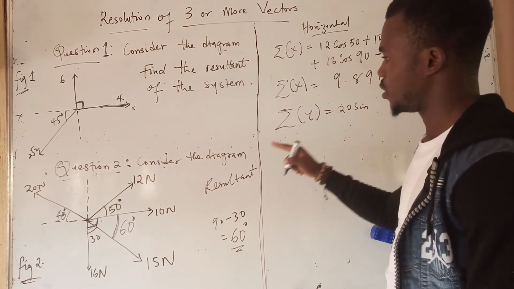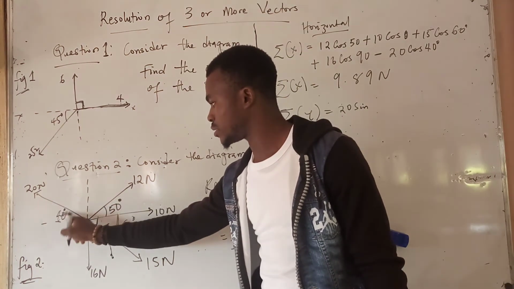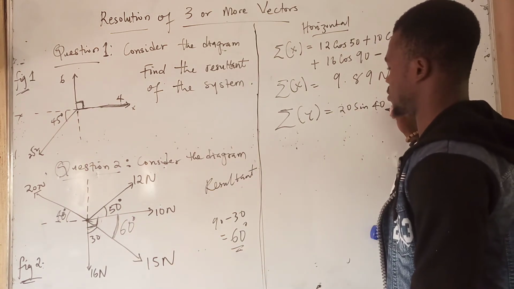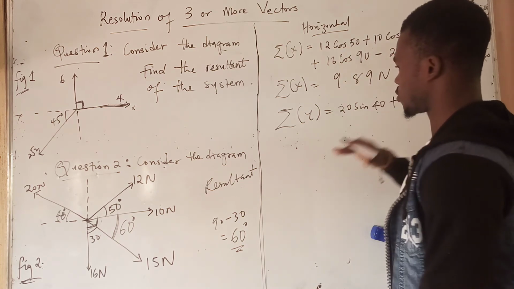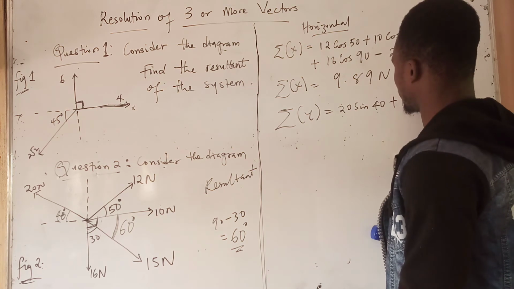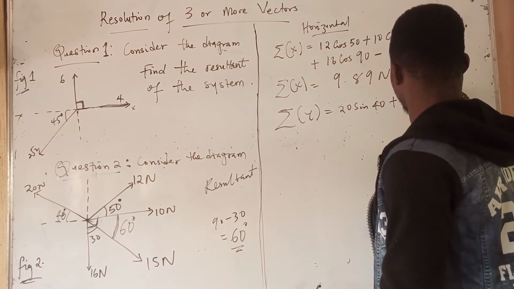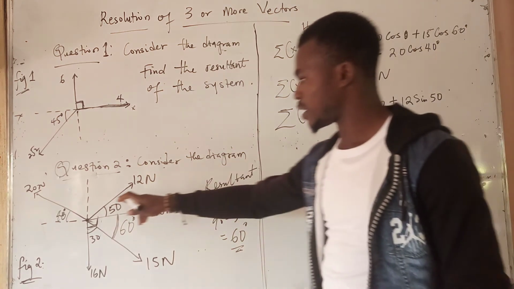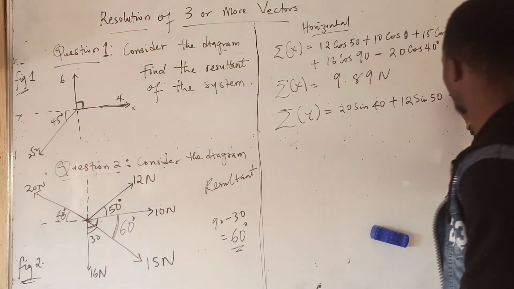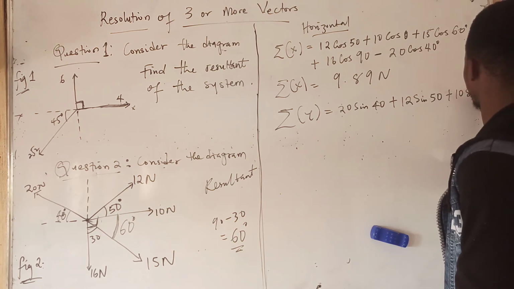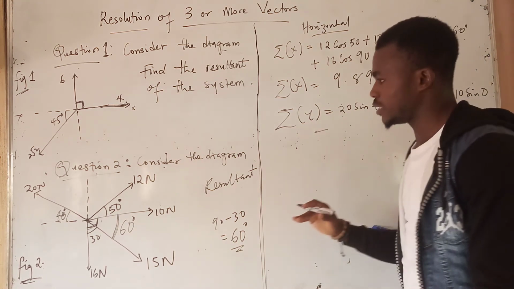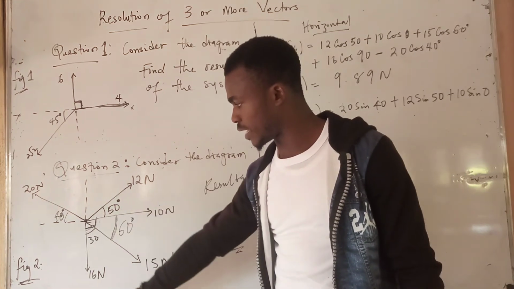So this will be 20 sine 40, then plus 12 sine 50 degrees, that is the angle it makes here. Then this one lies on the horizontal, so the angle is 0, so plus 10 sine 0.